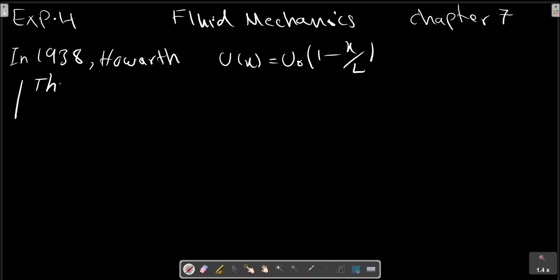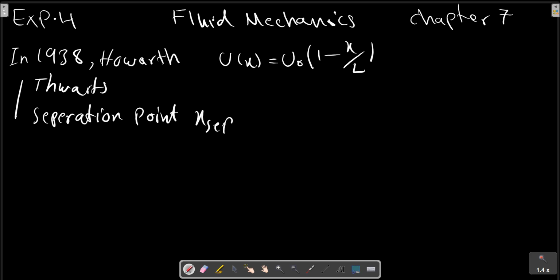Thwaites method, which has a formulation to compute the separation point. Find X separation and theta 0 for the separation, and compare with the exact computed solution.